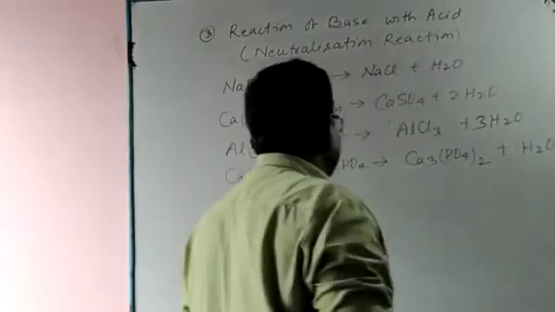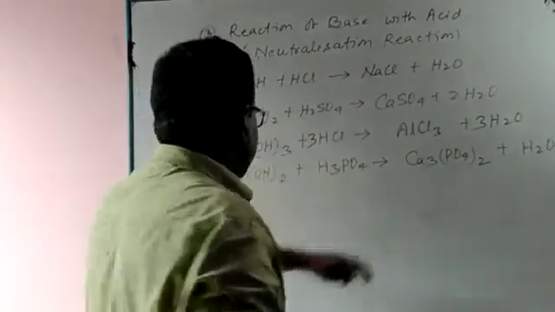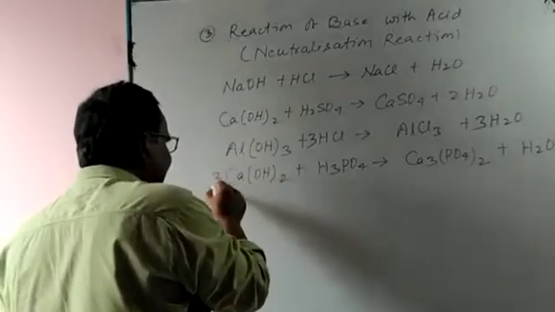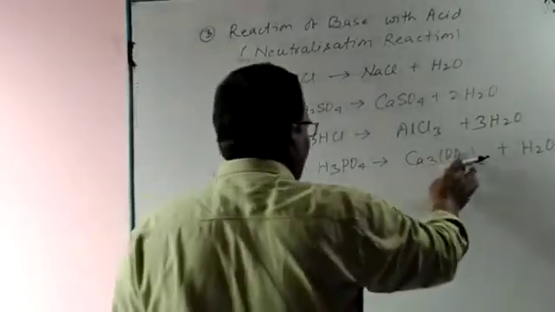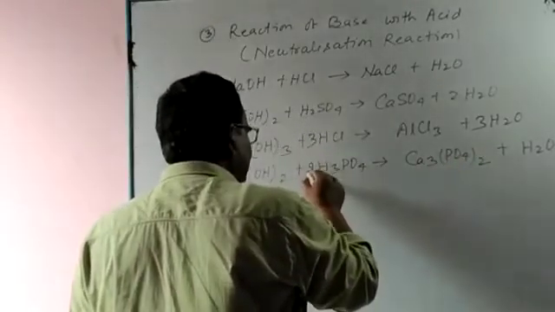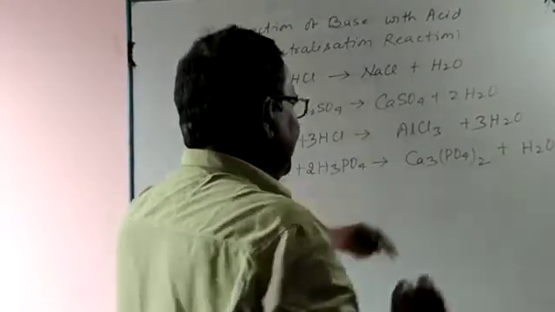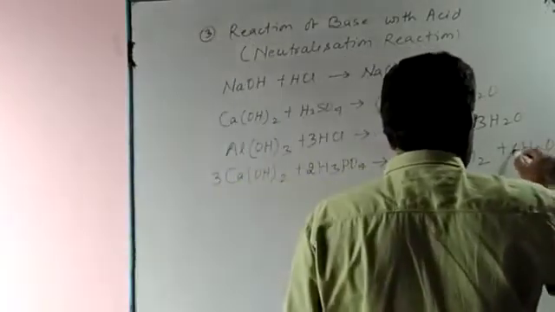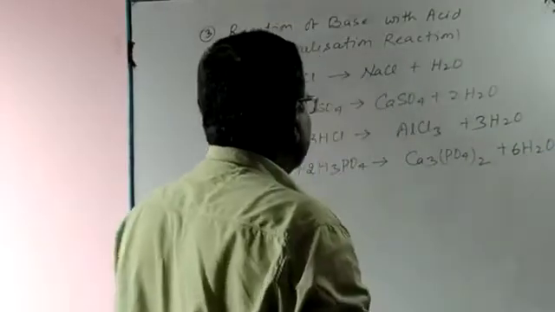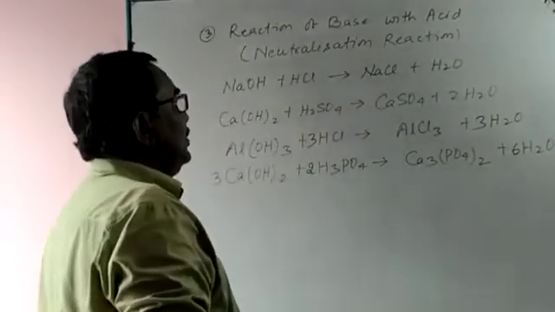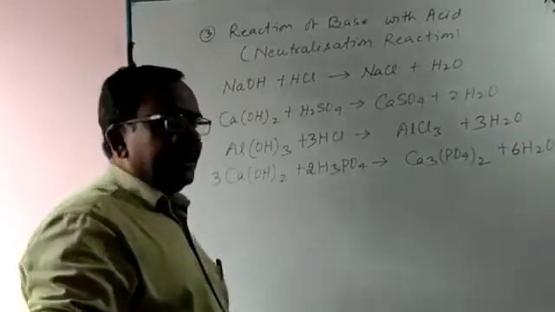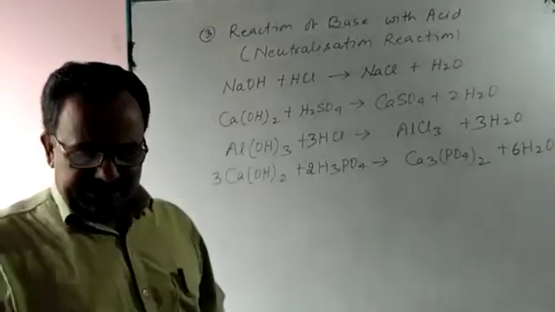Now you have to balance it. Ca should be multiplied by 3, PO4 by 2, and water will be 6H2O. So these are known as neutralization reactions.